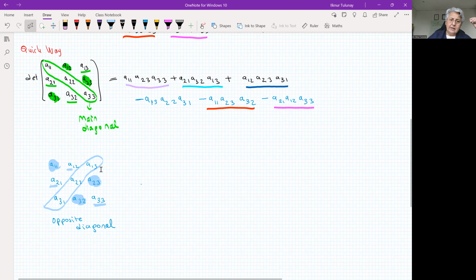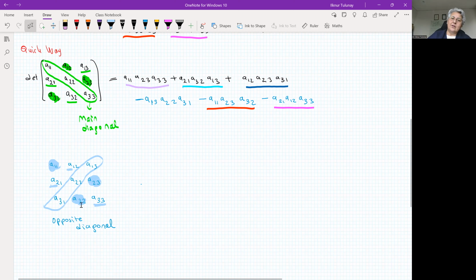And then we have some kind of symmetric entries. So the entries that I'm thinking as symmetric is this. It is A11, A23, A32.